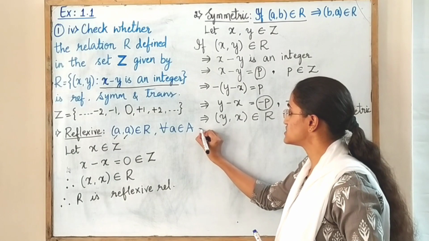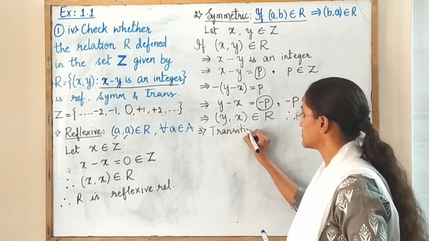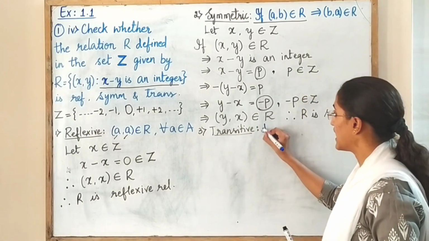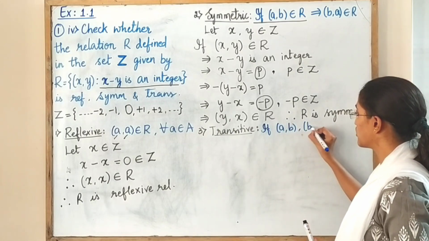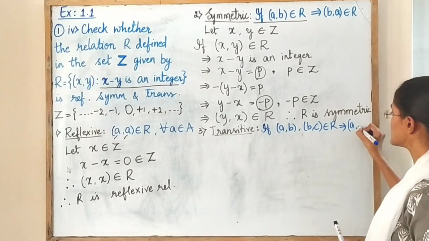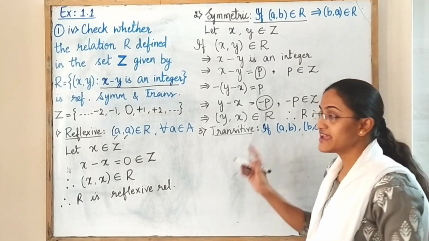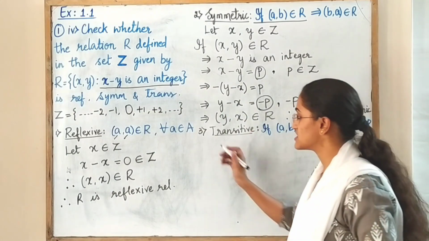Finally, the last one, the transitive relation. Remember the condition: if you have two elements of the kind (A, B) and (B, C) in the relation R, then (A, C) should also be in the relation R. Now, we need three elements in order to prove the relation is transitive.